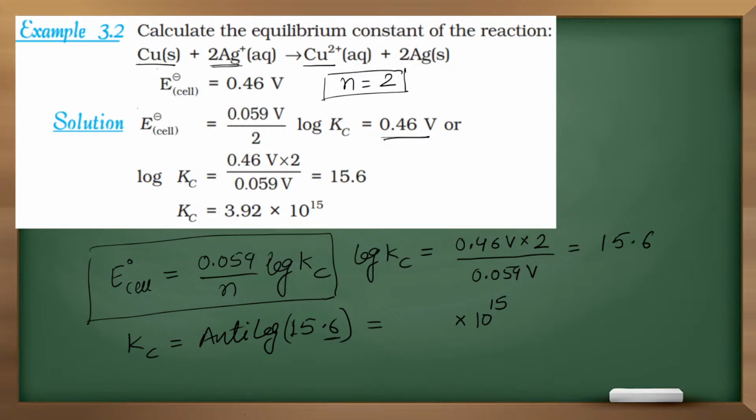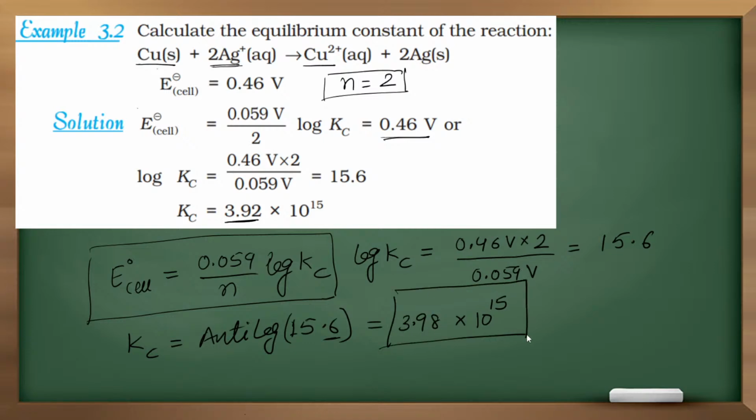So antilog of 0.6 is, yes beta, what is antilog of 0.6? It is 3.98. Given as 3.92, but it is 3.98.